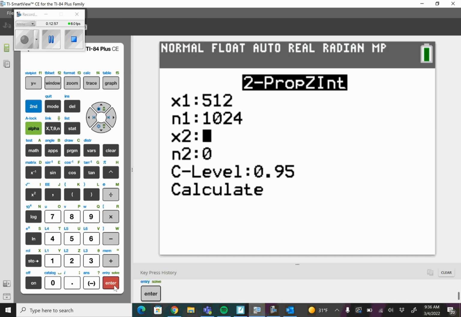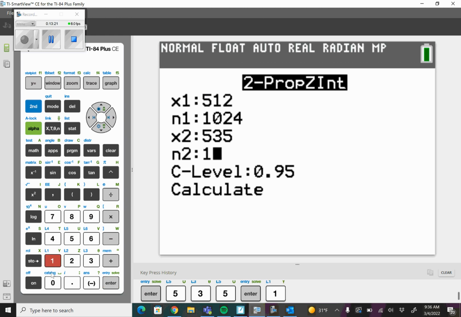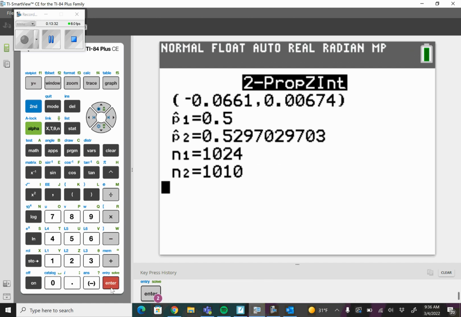And our other was 53% of 1010, which I don't have offhand, so give me a second with my calculator. 0.53 times 1010, I'm getting 535.3. You cannot put a decimal in the numerator of these, so just round either way. If you round up or down, it's not going to change your answer too much. And our confidence level is 90%, and they want us to calculate that. So I'm going to drag this in.